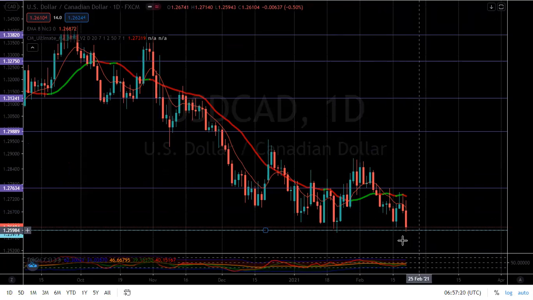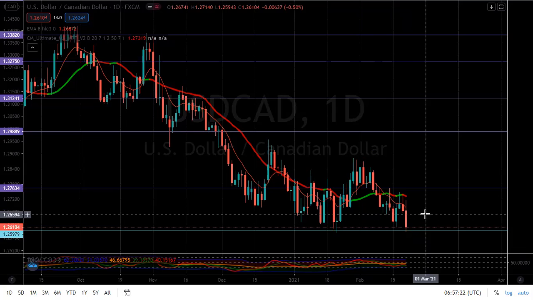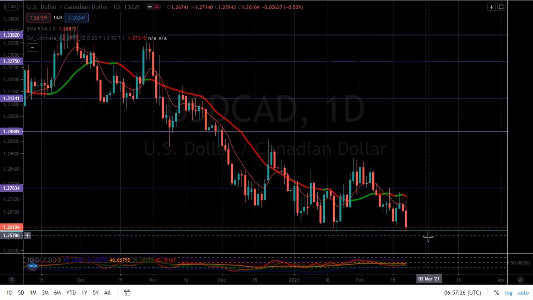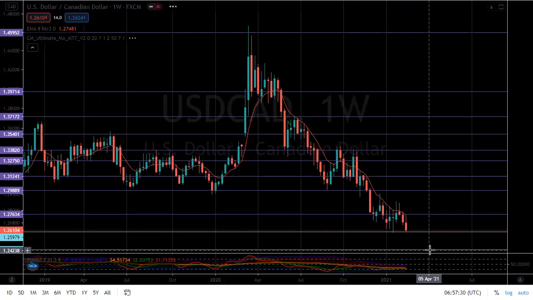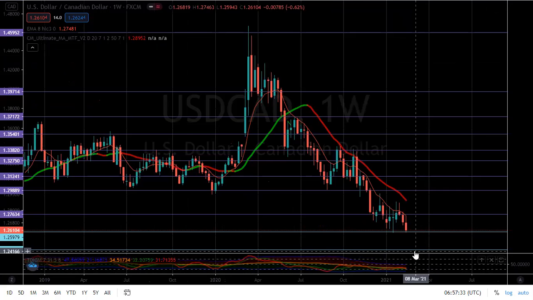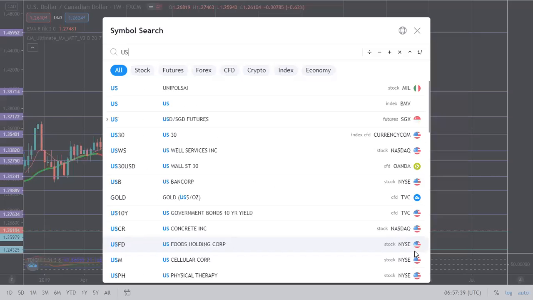Let's see how price reacts around here. I want to see a slight retracement for us to break this and go to the next key level of support that we're looking at, the 1.2432 area. The next I'll look at is the dollar yen pair.